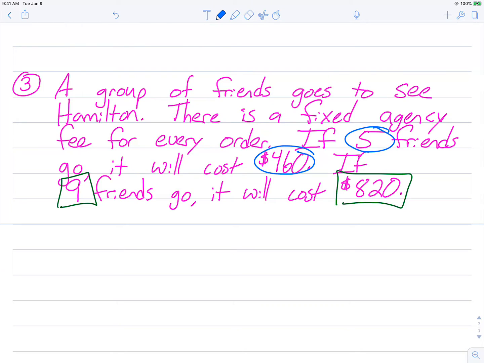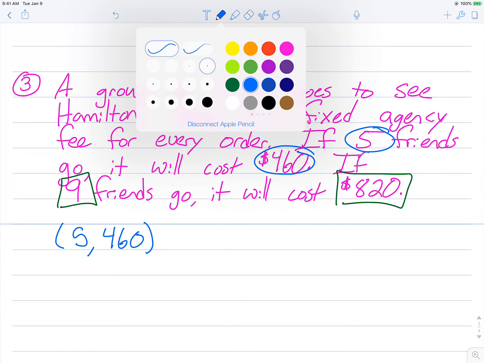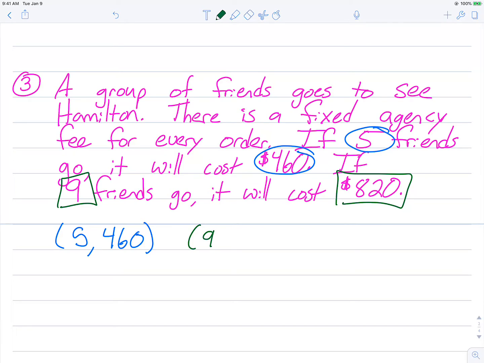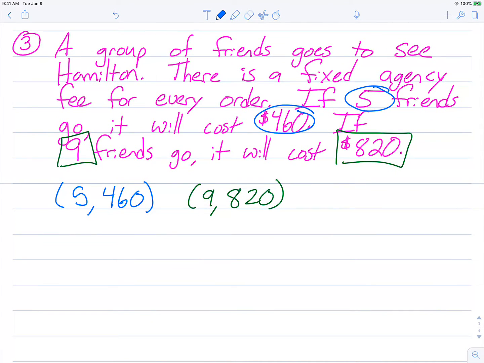So if I translate that into some math that we could work with, 5 friends cost $460, and 9 friends cost $820. Well, one thing that all of those equations have in common is I need to know the slope. Well, if I have 2 points, I can find the slope. I can find the slope by subtracting the y's over subtracting the x's.